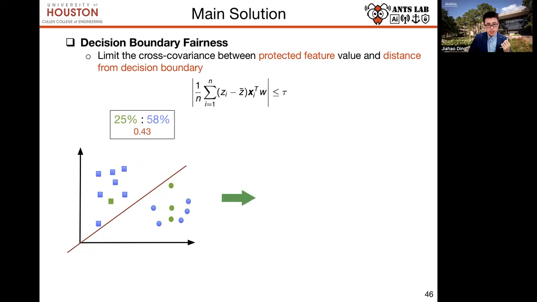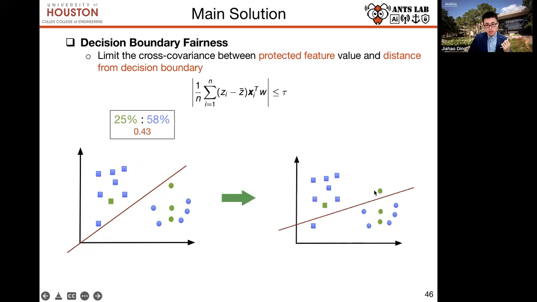By moving the decision boundary to this position, which can be achieved by enforcing this fairness constraint, the classifier is now not perfect because two examples are misclassified. But now this classifier becomes fair because the green are 2 positive, 2 negative, and the blues are 6 positive and 6 negative.